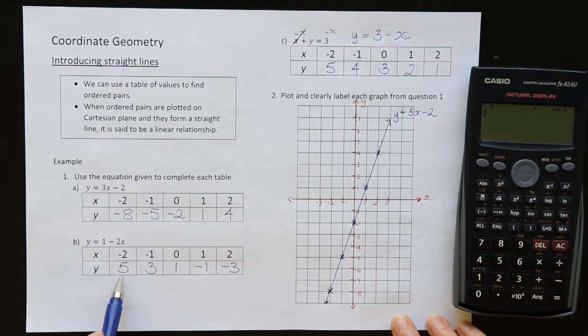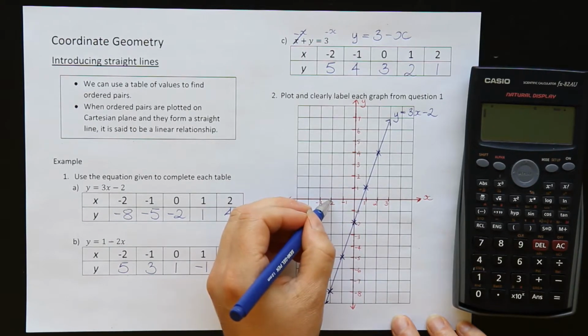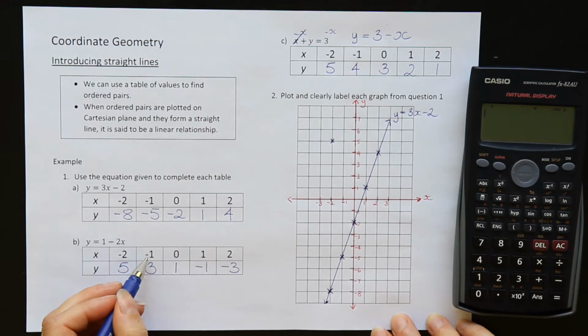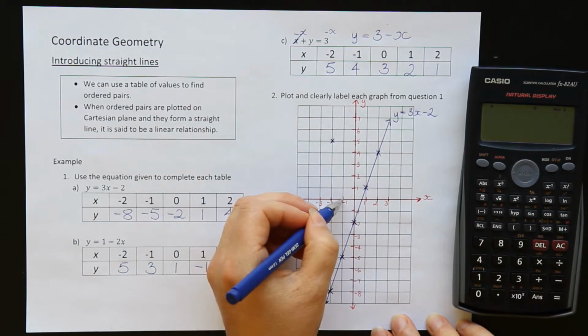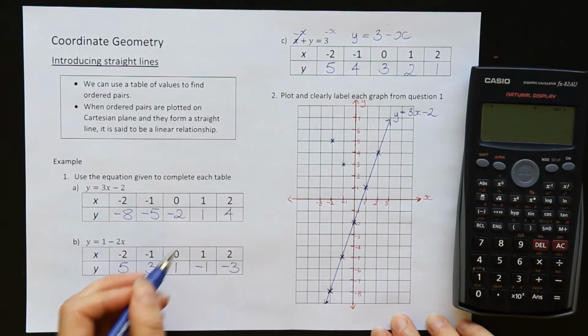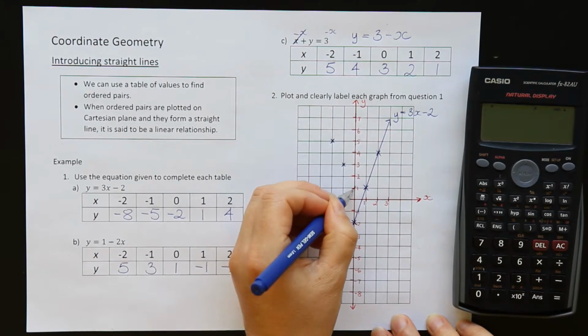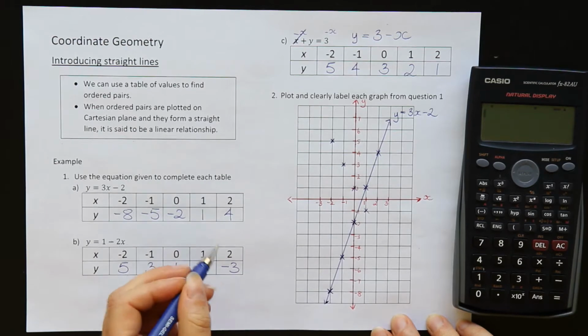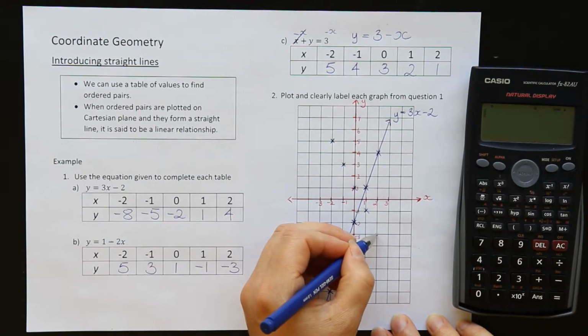Let's do our second line. X is -2, y is 5. So across to -2, up to 5. Put a cross. -1, 3. So -1 up to 3. 0, 1. 0 up to 1. 1, -1. And 2, -3.